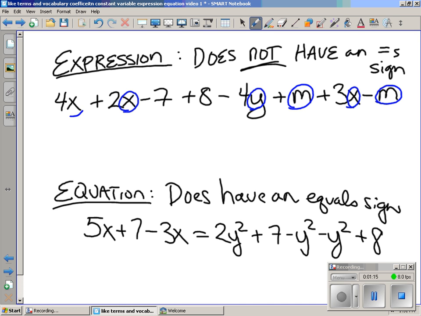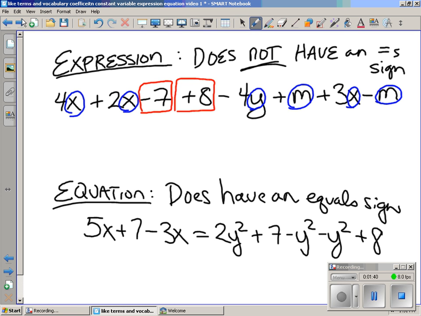So I've just circled all of the variables. The constant is the number that stands alone, so it's not being multiplied by a variable. It's on its own. And right now I'm putting a little box around each of the constants. Those were all of the constants in that expression.